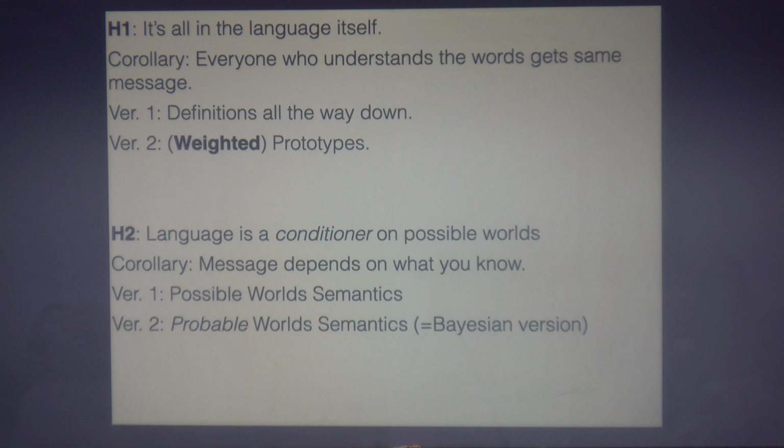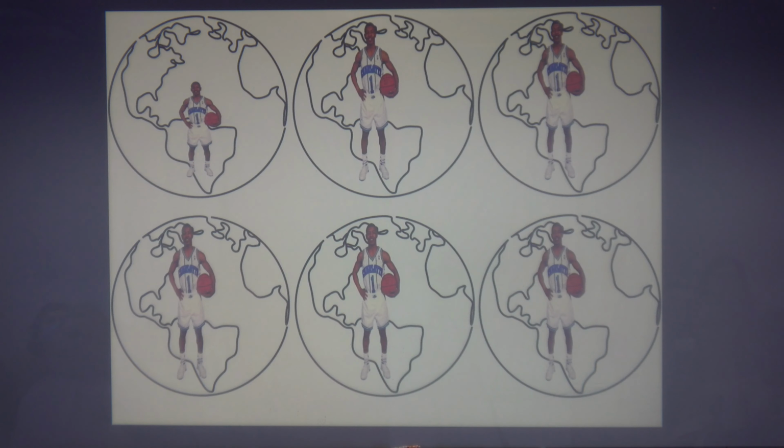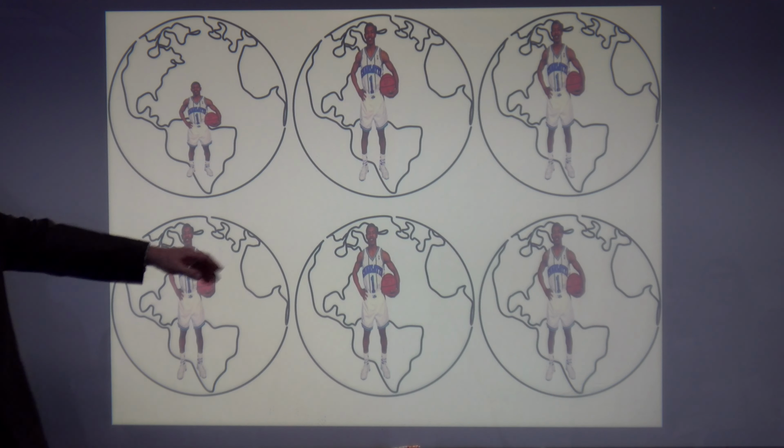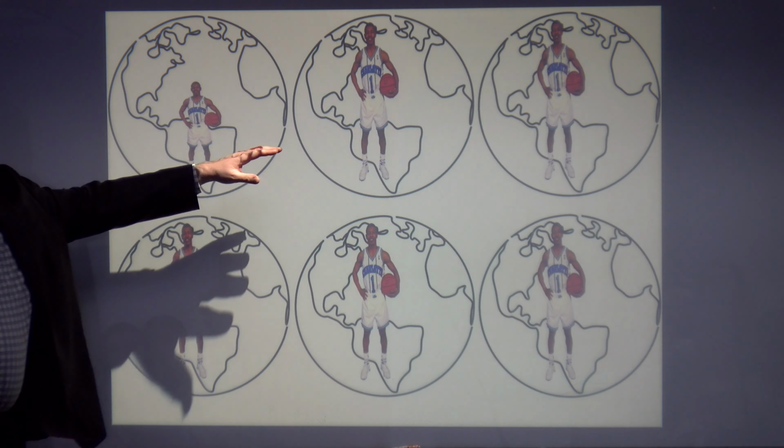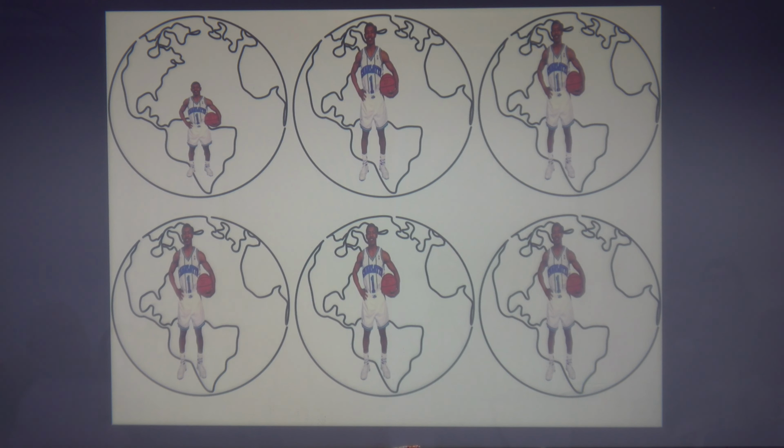I'm just going to be specific and call it probable world semantics. Thinking about all the possible worlds in which he's a basketball player, there are probably a lot more in which he's tall, and not very many in which he's short. And so we infer that he's probably tall, because in most possible worlds in which Tyrone is a basketball player, he's also tall. That means that the meaning of a sentence like Tyrone is a basketball player is in some sense an integral over the possible worlds.